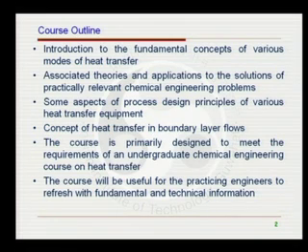It shows how the theories have been developed, and it applies them to the solutions of practical and relevant chemical engineering problems. Some aspects of the process design principles of the various heat transfer equipment are also discussed in the course.